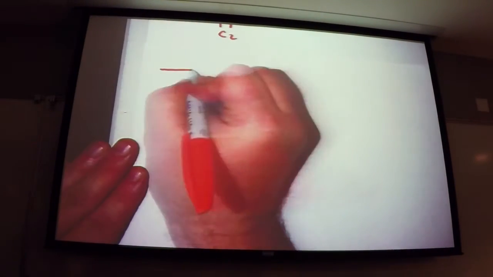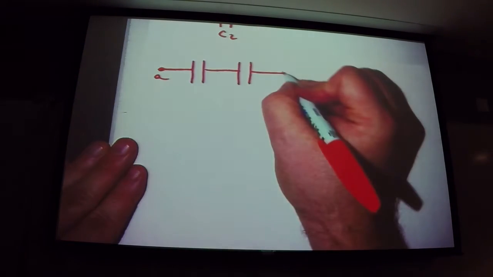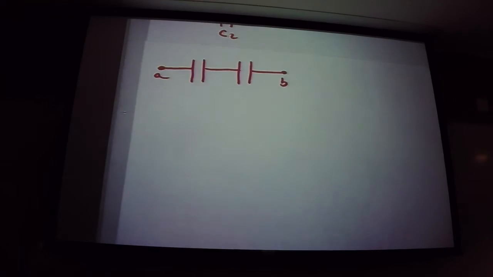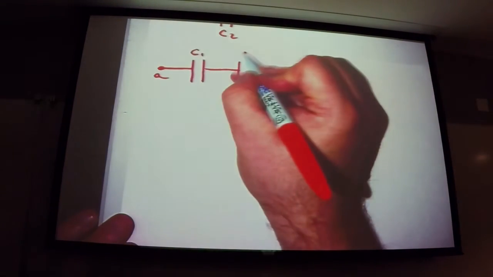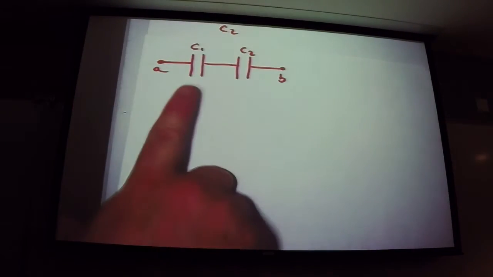I'm on a completely different page because I'm going to put the stuff that goes with this below it. And now I'm going to take care of this idea. Now if I want to talk about the voltage from A to B, and I have my C1 and C2 here, to get from A to B, I have to go through C1.